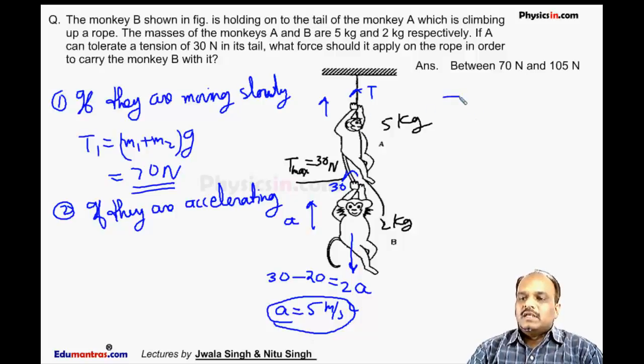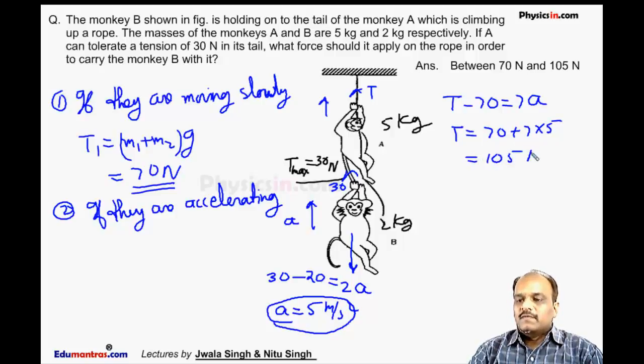Now T minus 70 is equal to 7 into a. So T is 70 plus 7 into 5, that is equal to 105 Newton. This is the maximum tension in the string. So in this situation T max is 105 Newton.